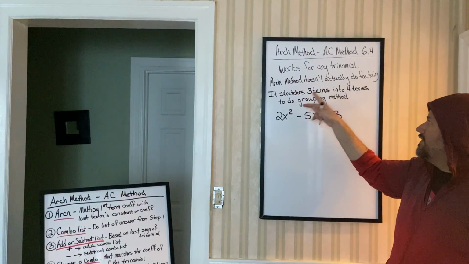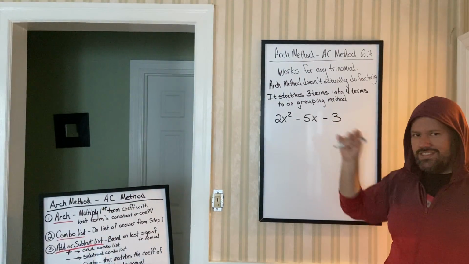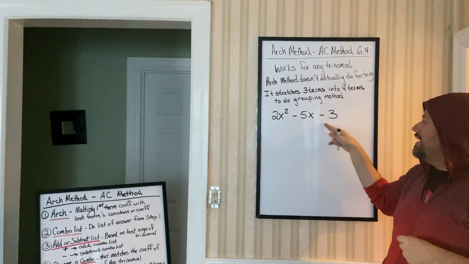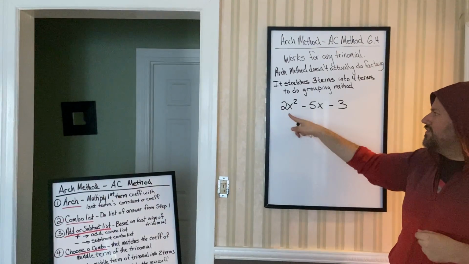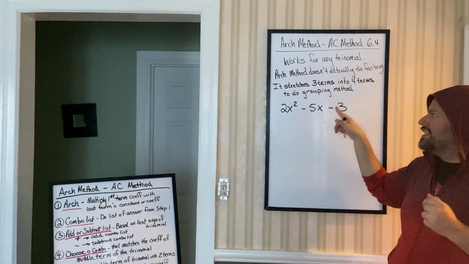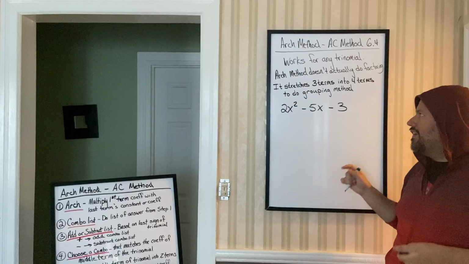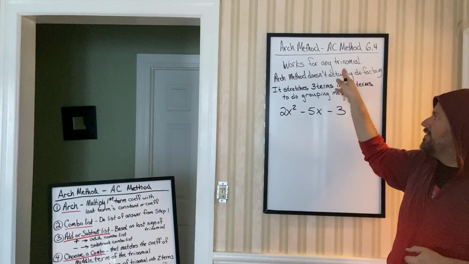Here we have a 3-term polynomial that we did last section in section 6.3 as the FOIL method. This one, I'm going to show you that we can take the same problem and do it as the ARCH method. Like I said, the ARCH method works for any trinomial.